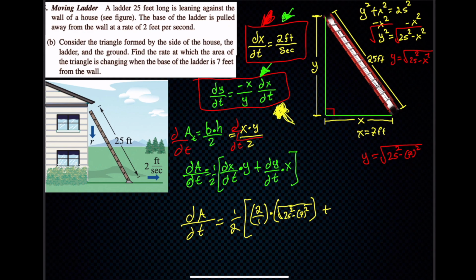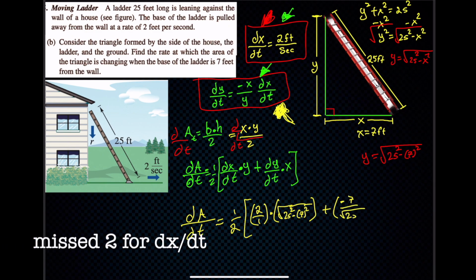So we have parentheses, negative x over y. But because we already have the values there, we know that x is 7, and we have over y, which is the square root of 25 squared minus 7 squared. And this is times x. The x value is simply 7. And this is our final solution. Once again, I'm not worried about the computation. I'm more worried about the process of getting there.